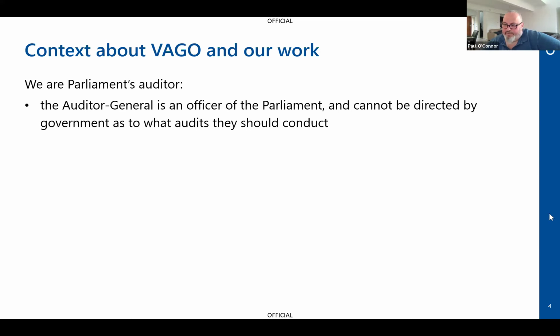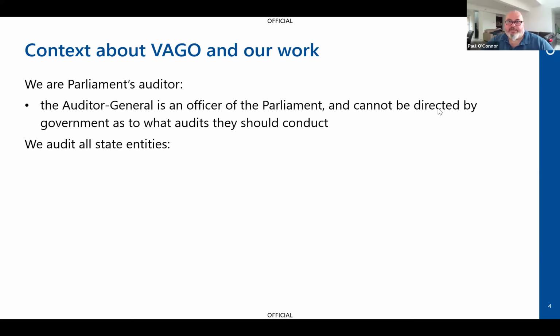We have legislation that sets our mission and goals, but no minister or parliamentary committee can direct us to do certain audits in certain areas. So that's quite an important role we play. We are quite specifically independent of the day-to-day.